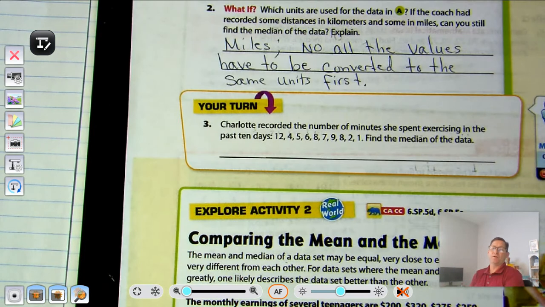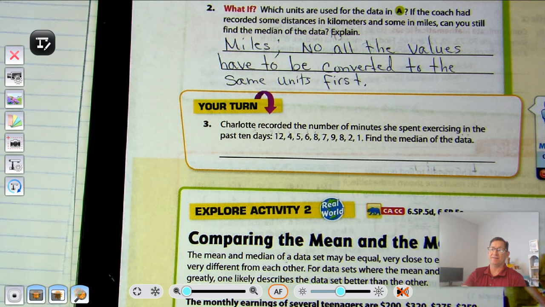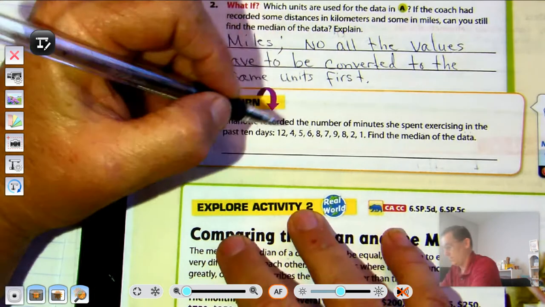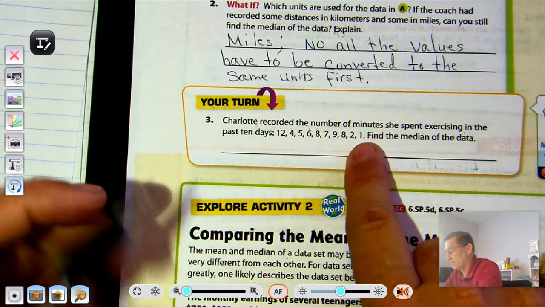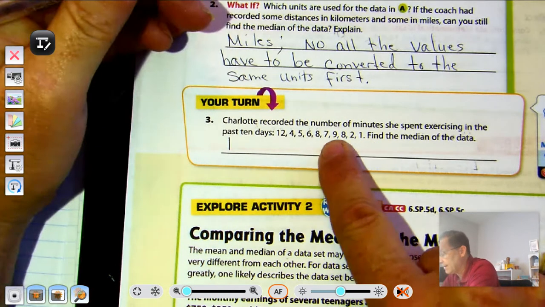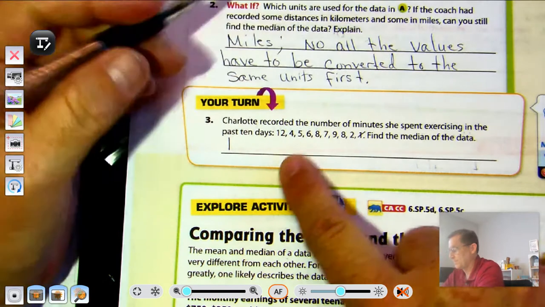All right, number 3. Charlotte recorded the number of minutes she spent exercising in the past 10 days. 12, 4, 5, 6, 7, 8, 7, 9, 8, 2, 1 minutes. So find the median of the data. All right, so we're going to put these in order from least to greatest. So looking at this, it looks like 1 is the smallest, and there's only one 1.